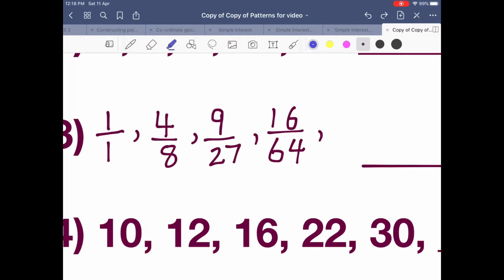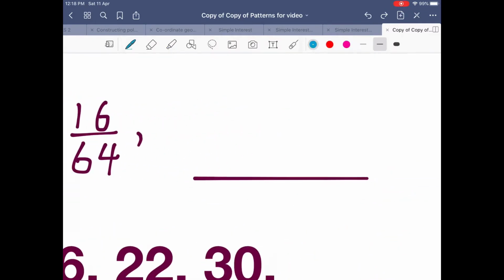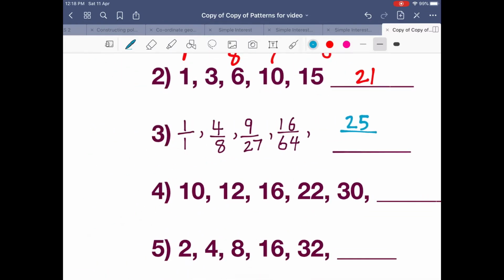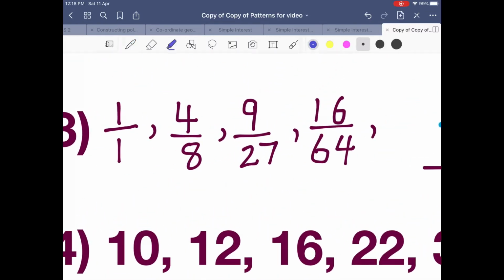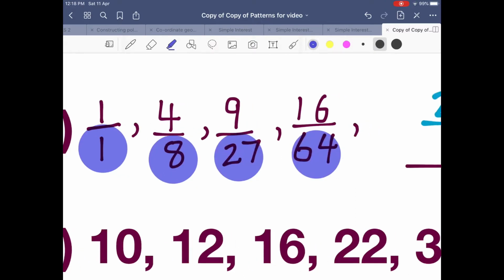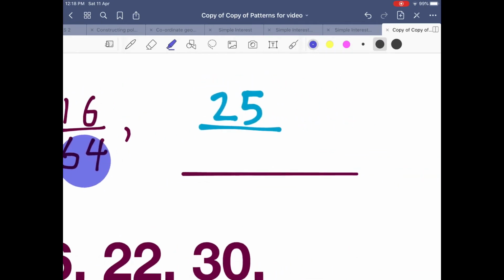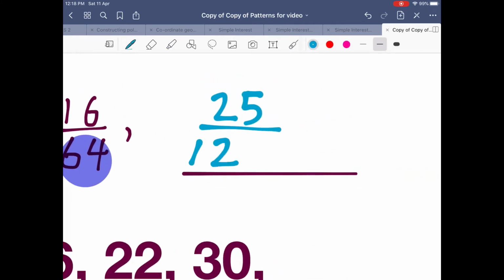So after 4 squared will be 5 squared. 5 squared is 25. And for the denominator, we have 1 cubed, followed by 2 cubed, followed by 3 cubed, then 4 cubed. So next we have 5 cubed. 5 cubed is 125.